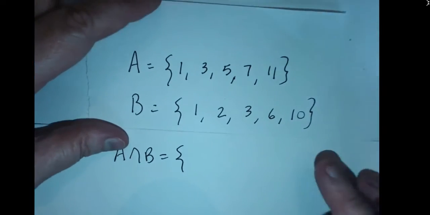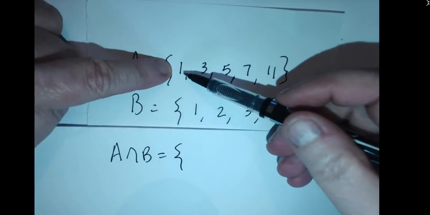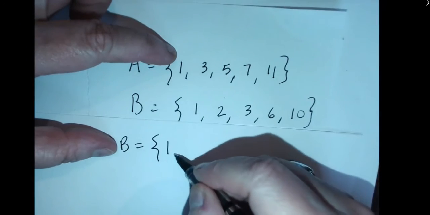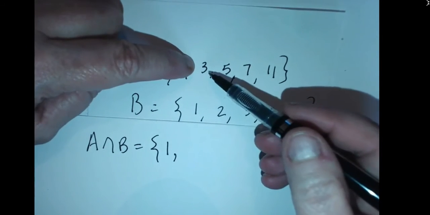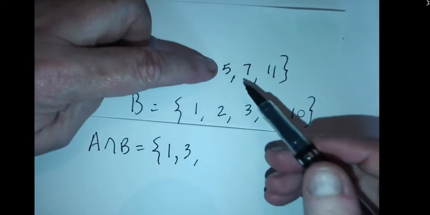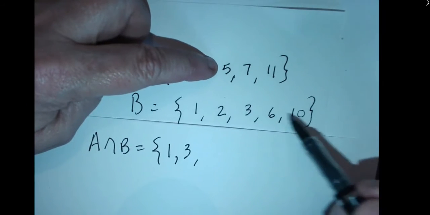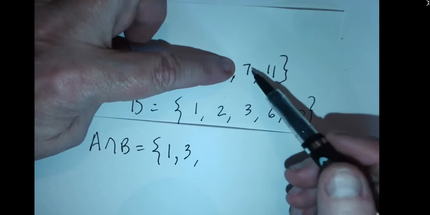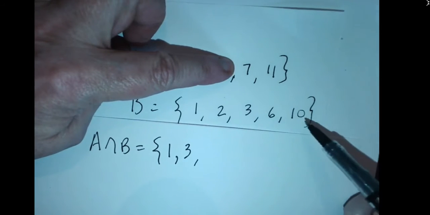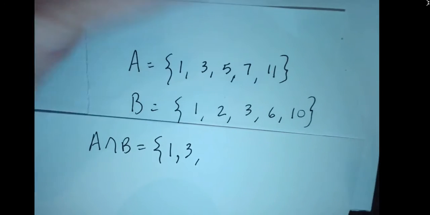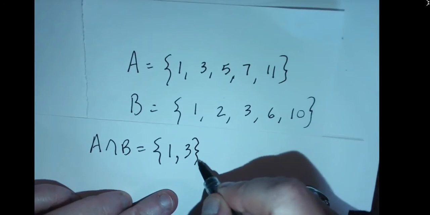So I'm going to start at 1. 1 is in A and it's in B, and so I include it. Now I come to 3. It is also in B, so I include that. Then I come to 5. That's not in B, so I leave it out. I come to 7. It's not in B, so I leave it out. And I come to 11. It's not in B, so I leave it out. And then I'm done.